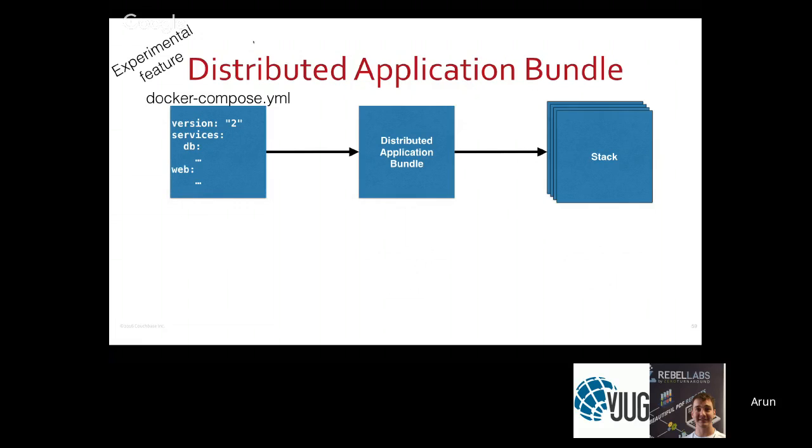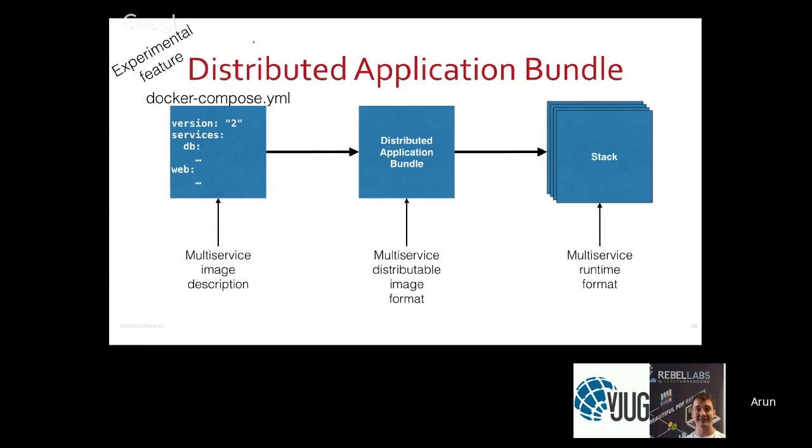Now, this is an experimental feature, as I talked about. Remember Docker for Mac and Windows? You can download the experimental channel. In Docker Compose, it gives you a multi-service image description. Using the experimental Docker, you can create a multi-service image format, which is a distributed application bundle, commonly called a DAB.